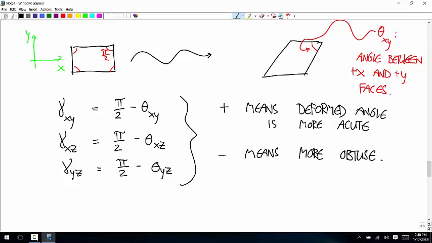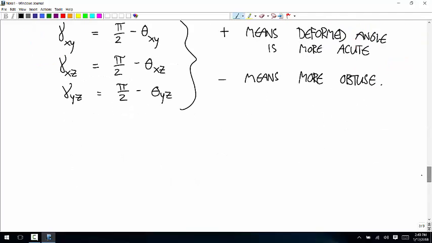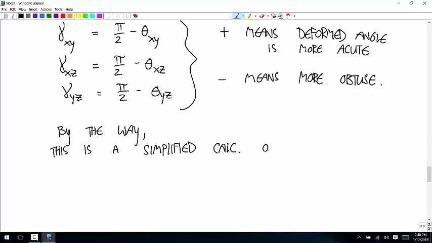And by the way, this is a simplified calculation of shear strains, based on a small angle approximation.